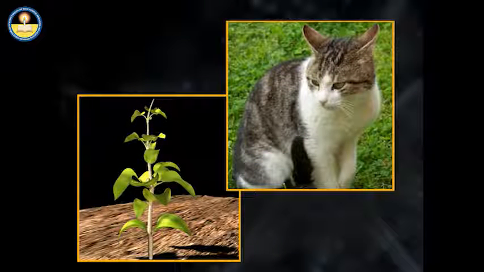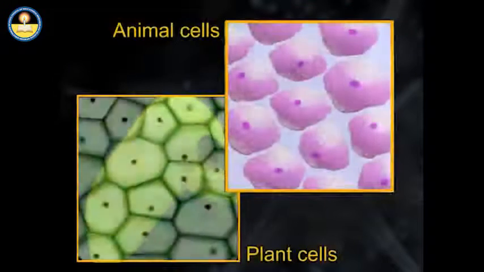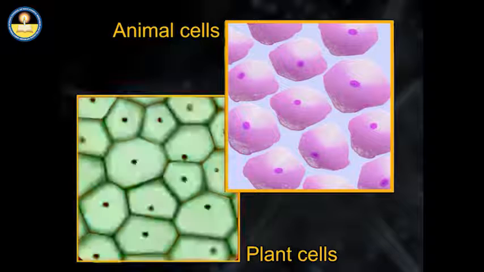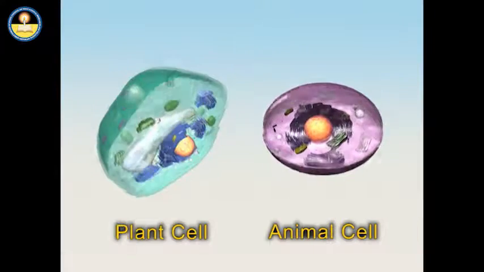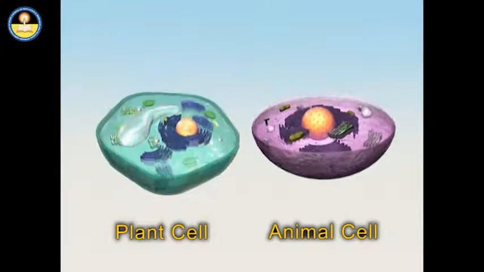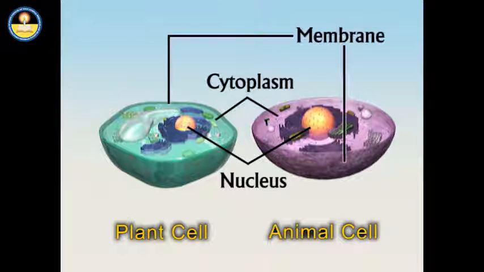Plants and animals look different and act different, but deep down both of them are made up of cells. These are plant cells and these are animal cells. Both the cells have three critical parts in common: the nucleus, the cytoplasm, and the membrane.